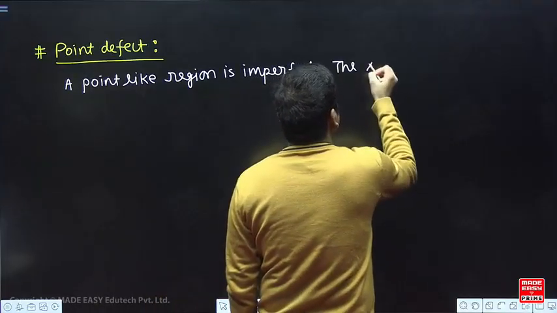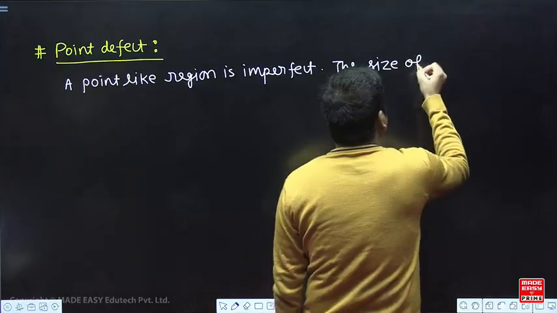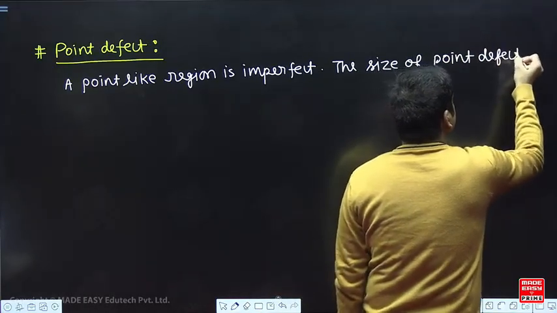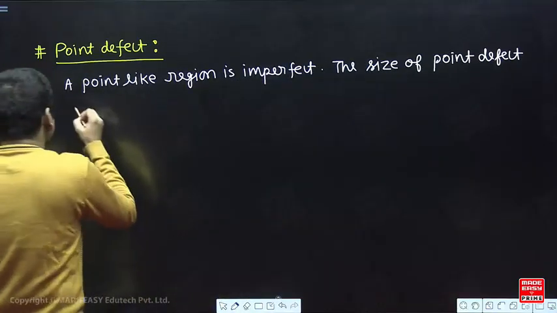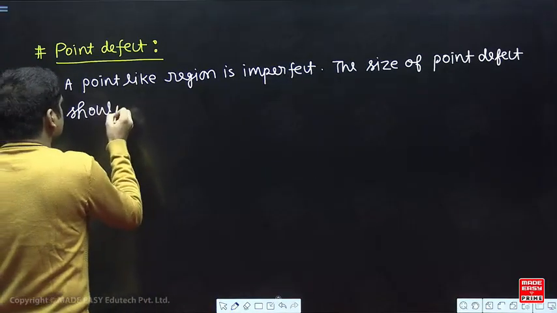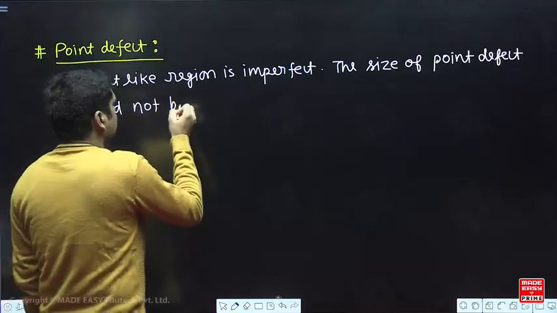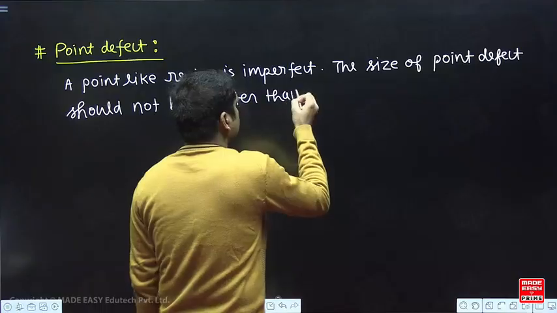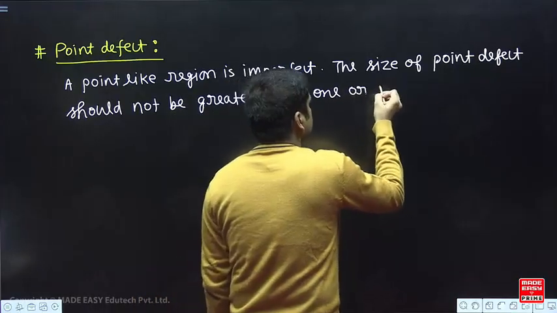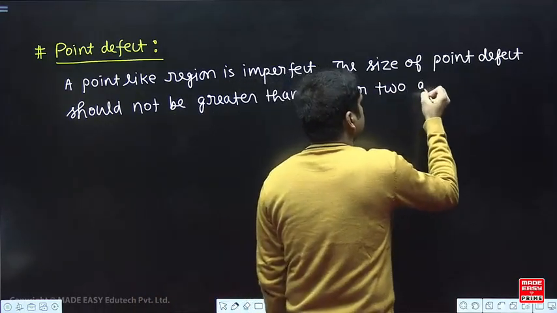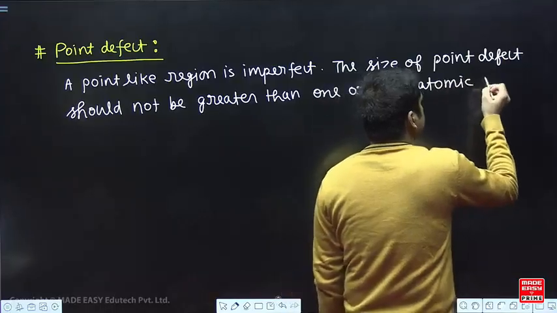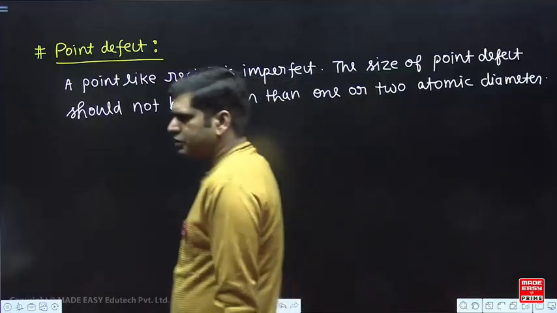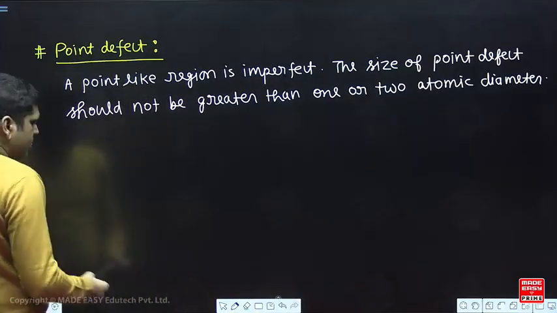The size of a point defect should not be greater than 1 or 2 atomic diameter. So the size of the defect is approximately 1 or 2 atomic diameter.